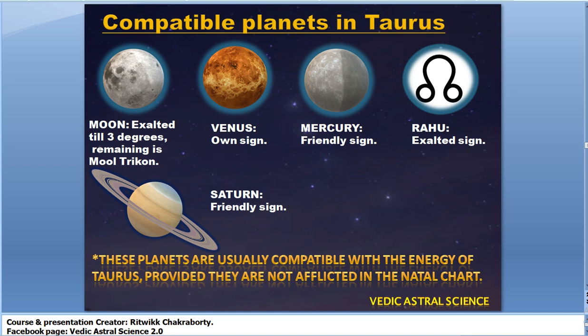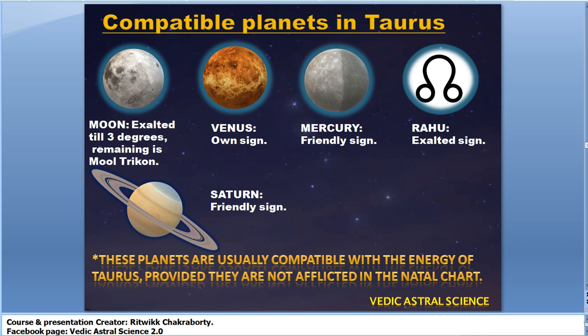Moon will gain more strength if she is placed in the first hora or within the first 15 degrees of Taurus, because that is the Cancer hora or a female hora, and also the own hora of Moon. So from all angles Moon is highly compatible in Taurus, perhaps more compatible than the sign lord Venus.